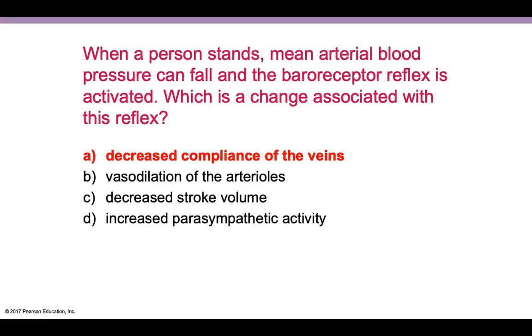They're going to elicit that venomotor tone, which is going to cause a slight bit of constriction on the veins to increase venous return, and that we said is also going to slightly decrease compliance, okay? So it's asking more about the response after the baroreceptor reflex and not necessarily what's happening to initiate or elicit that reflex, all right? So here's decreased compliance, in other words, venomotor tone.